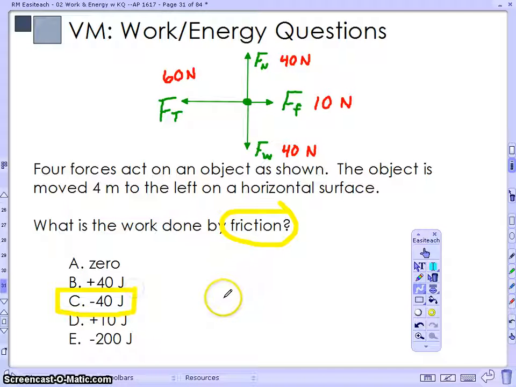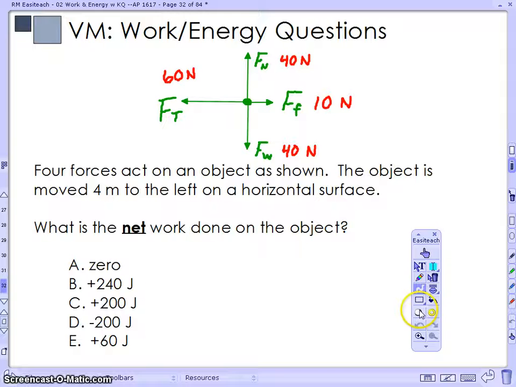Friction always does negative work. What about the net work done on this object? That's going to be positive 200 joules. The 240 joules done by the tension minus the 40 joules done by the friction, and technically plus the 0 and the 0.